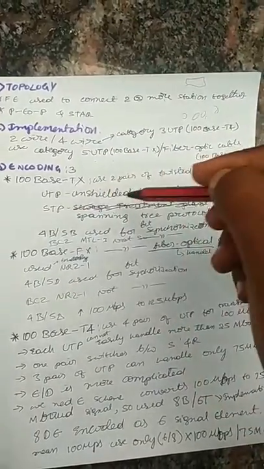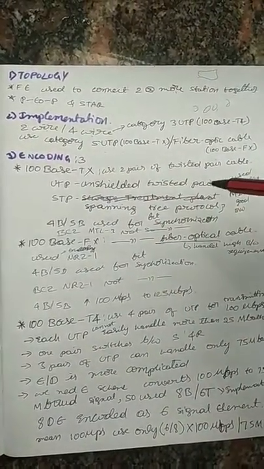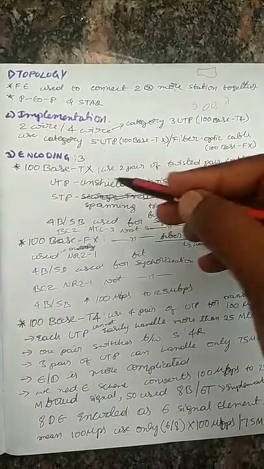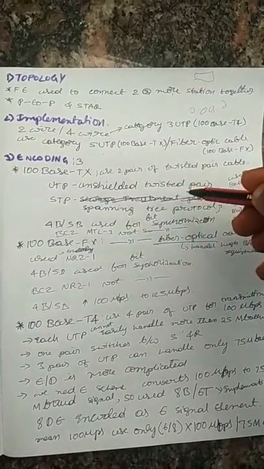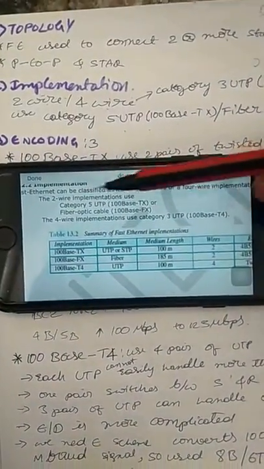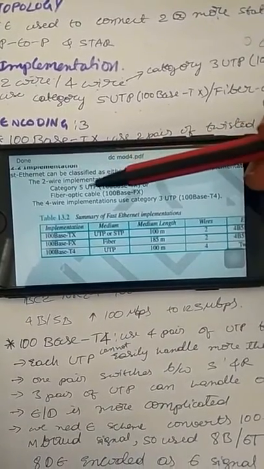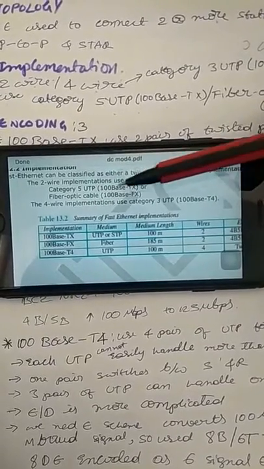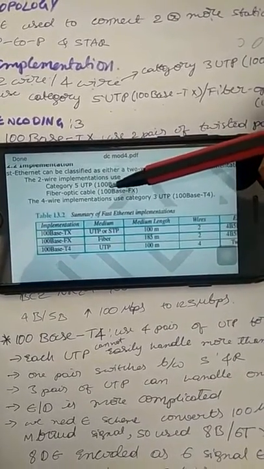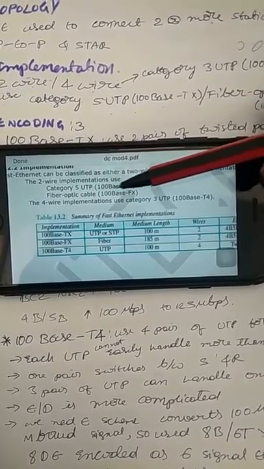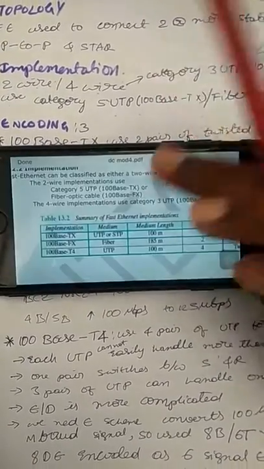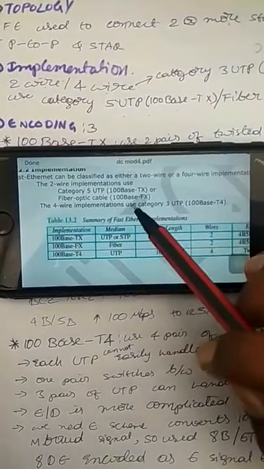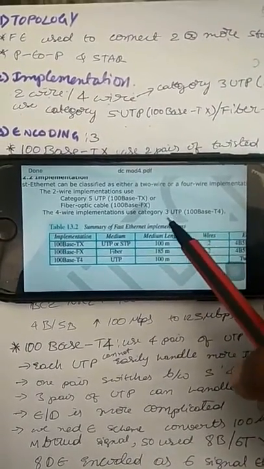Here UTP means unshielded twisted pair wire. You can see the 2 wire implementation uses category 5 UTP or fiber optic cable, that is 100Base-TX and 100Base-FX. The 4 wire implementation uses category 3 UTP.